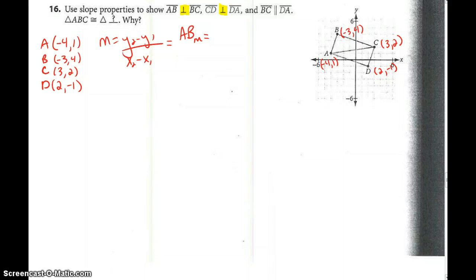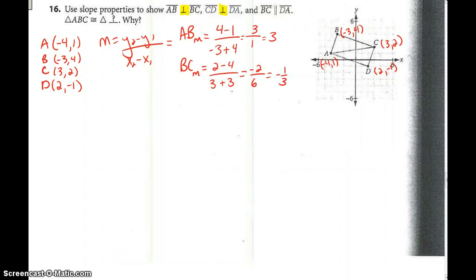So our slope of AB is going to be 4 minus 1 all over negative 3 minus a negative 4, will give me negative 3 plus 4, which will give me a slope of 3 over 1, which also equals 3.